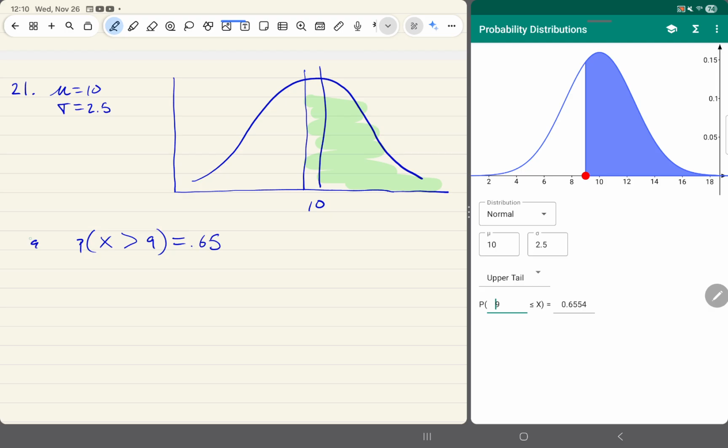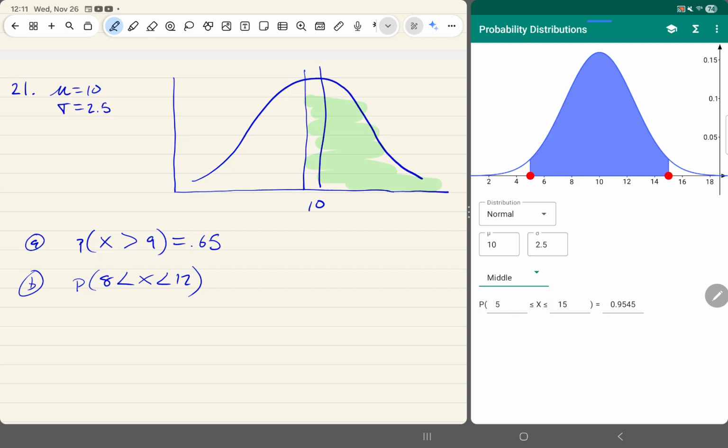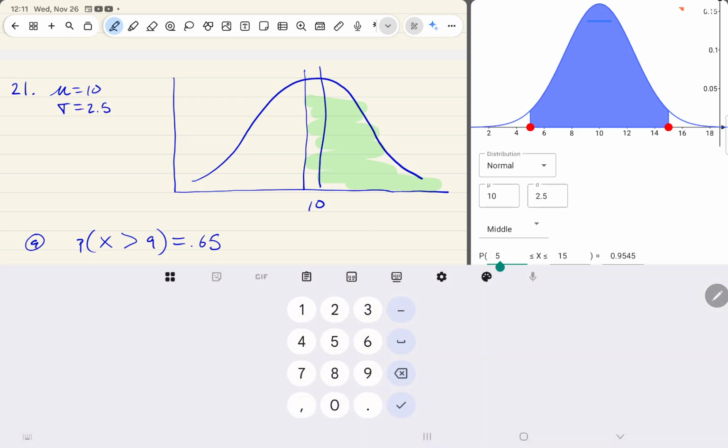That's part A. Part B asks us the proportion that spend between 8 and 12 hours a day. So that's the probability that X is greater than 8 but less than 12. So we need to change this to the middle of the distribution, and we need to change these values.